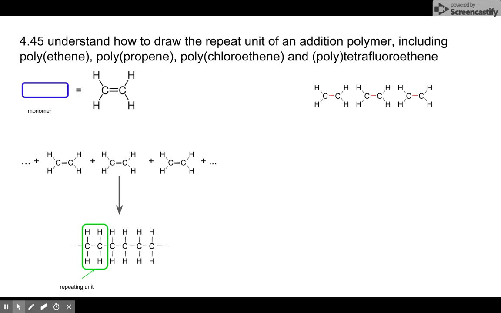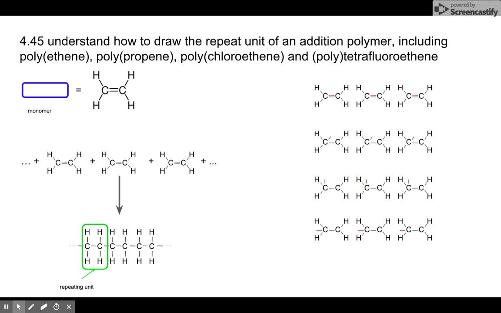So in this example on the right-hand side, again with ethene, I've highlighted one of those carbon-carbon double bonds in red. The idea is, when it reacts, that bond flips up, and then it flips around, and at this stage this carbon here only has 3 bonds, this carbon has 4 bonds.